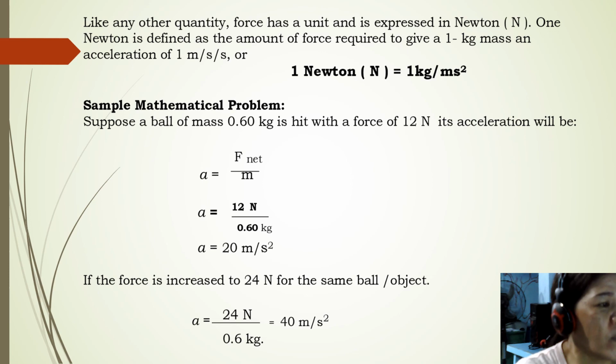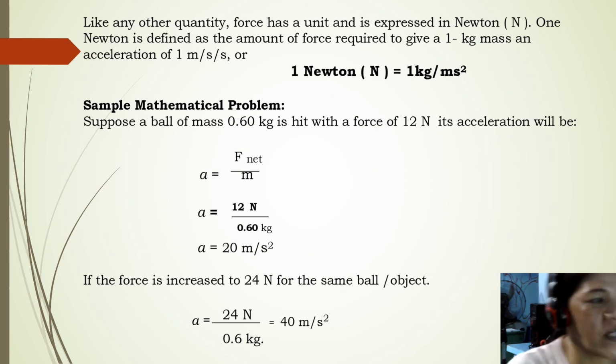So you have to substitute the value of the net force. So the value of the net force is equal to 12 Newton over 0.60 kilogram. That is the mass of the ball. Then the acceleration would be 20 meters per second squared.